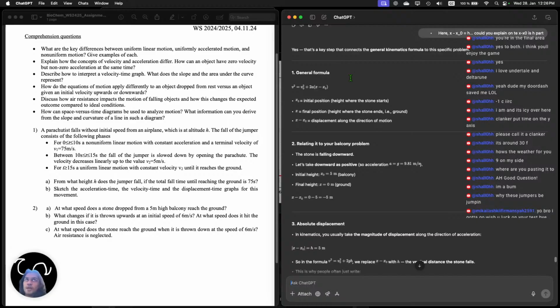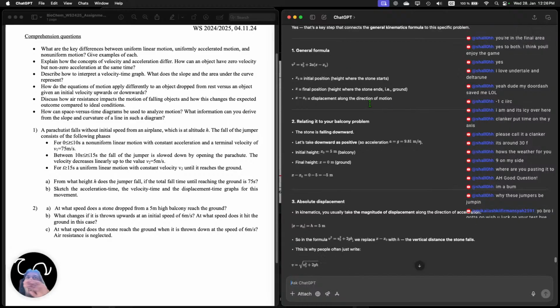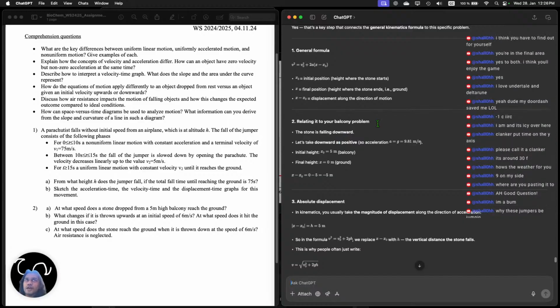Yes, that's the key step. Displacement along the direction of motion. I think you have to find out for yourself. Ah, that's a good answer. x minus x0 equals displacement.